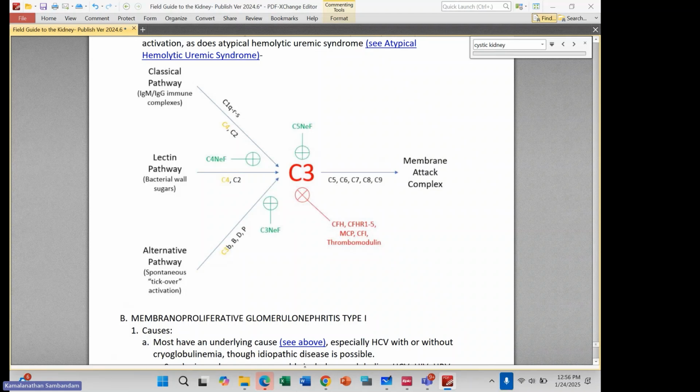Okay. If I have C3GN, where I have a mutation in complement factor H, you'll notice that I should have a depressed C3. My C4 should be normal. Both in atypical HUS and C3GN, you don't always, but you can certainly see C3 depression, with C4 normal. What about lupus? Lupus is a condition in which I see IgG containing immune complexes that are circulating.